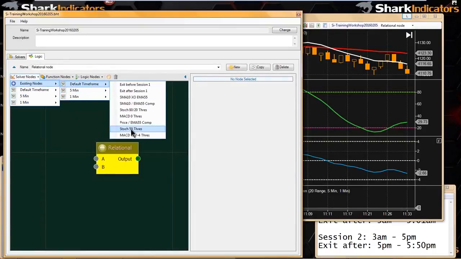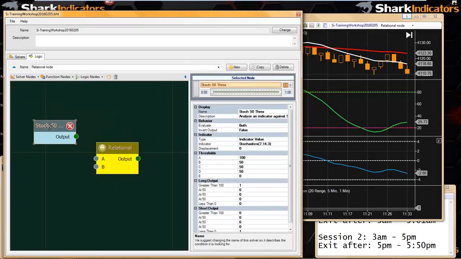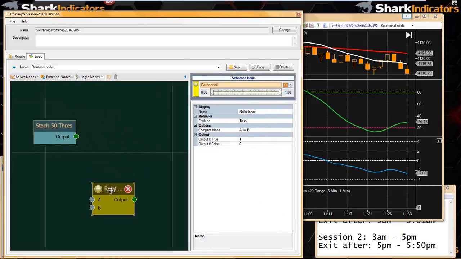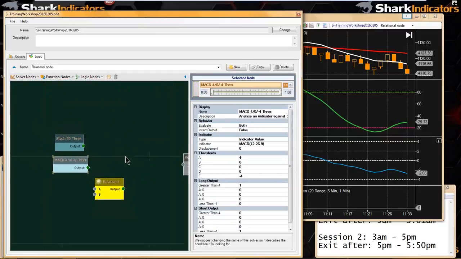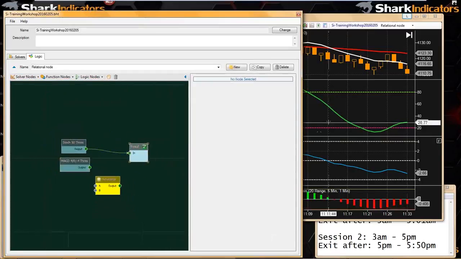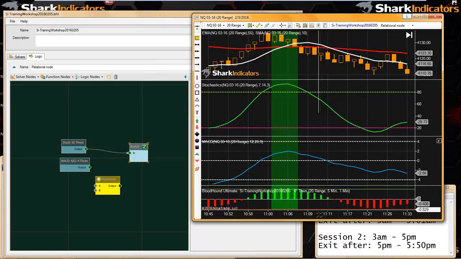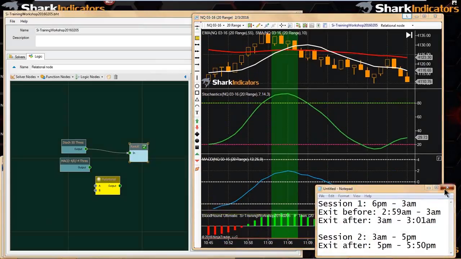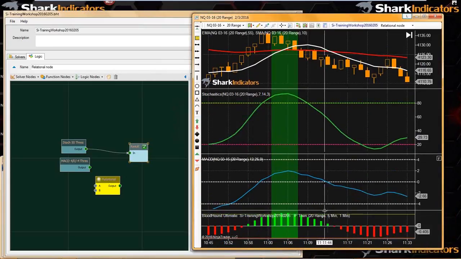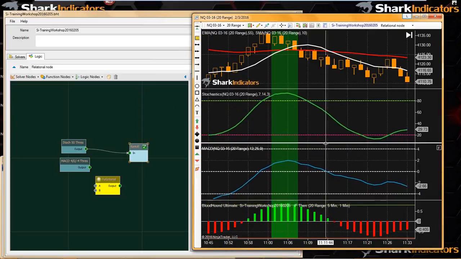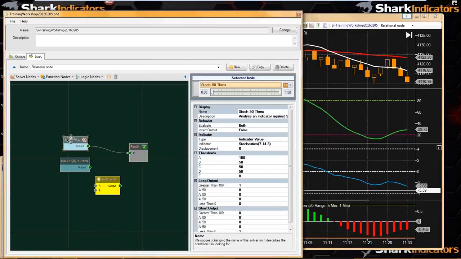So let me illustrate what these solvers actually look like here. So you can see this solver here is looking at the stochastic.